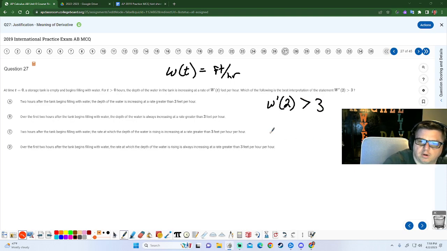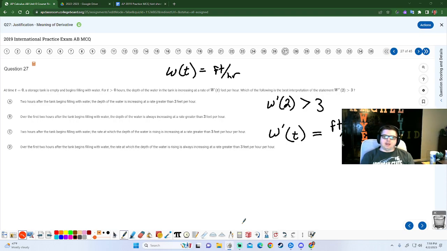So the first thing we want to do is think about what W prime at t represents. Well, if this is W of t, we want to take the derivative with respect to time. That gives feet per hour, or what happens with acceleration, feet per hour squared.